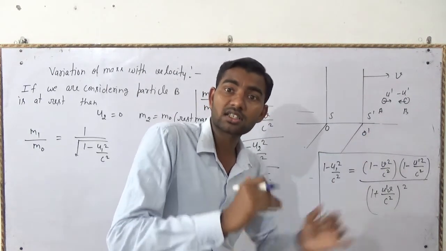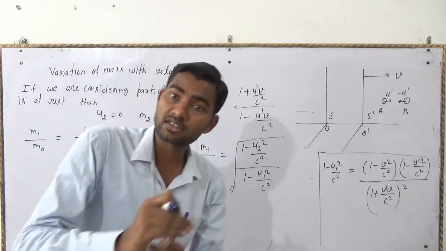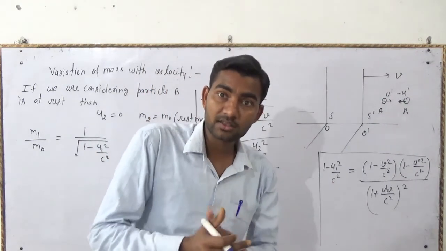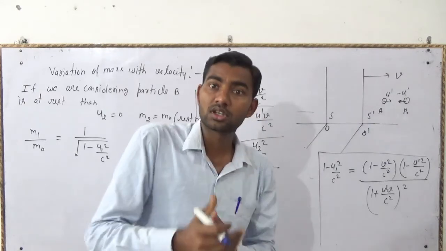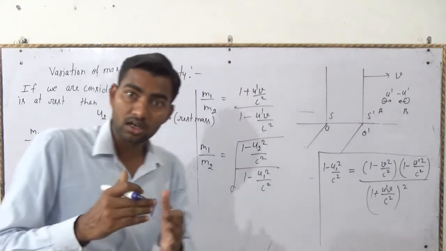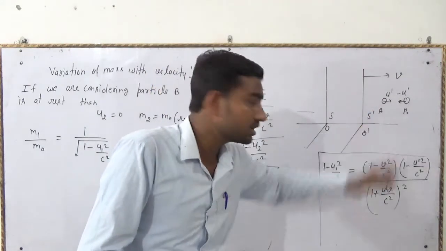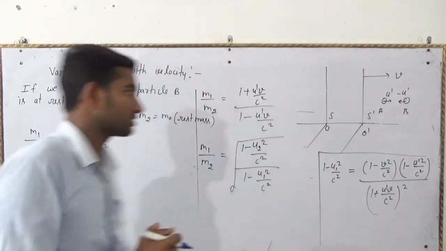Motion of this particle is along positive x-axis. It was my assumption also. We have also discussed in the first part that the velocity of particle A is along positive x-axis.